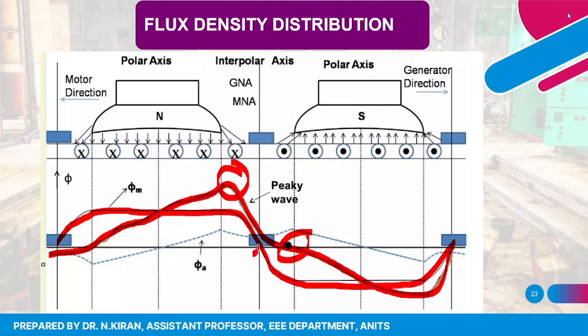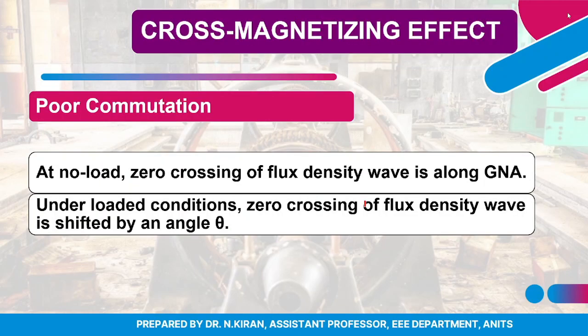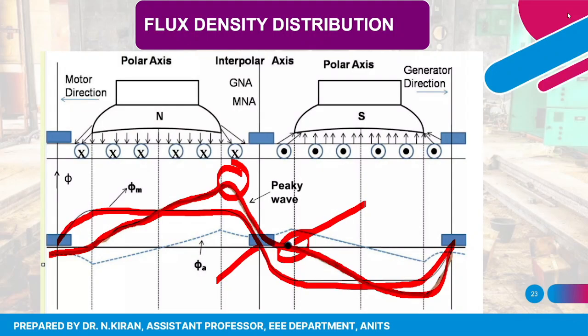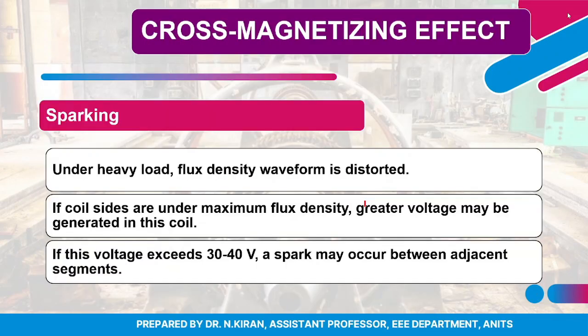Previously the zero crossing was here, now it has been shifted to here. So this angle change will lead to poor commutation. Commutation is nothing but the process of reversal of current. Since the zero crossing of flux density is changing, it affects the process of reversal of current. The third effect is that it leads to sparking.